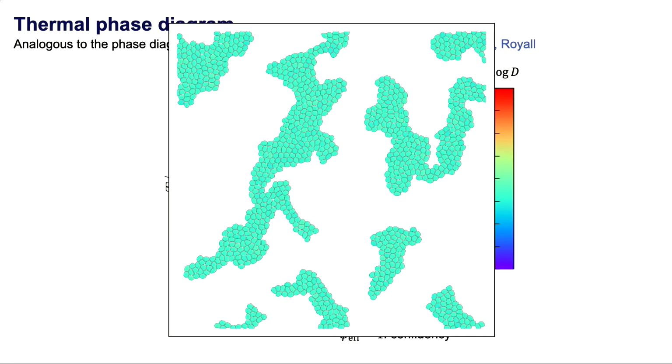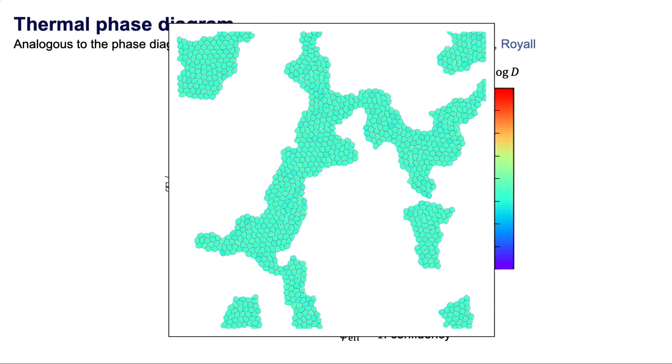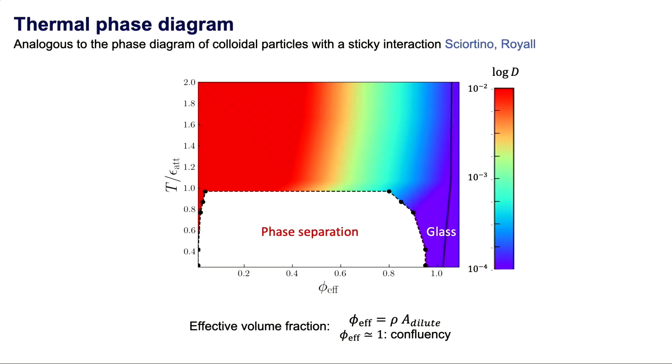This is just an illustration of what you see in the coexistence line. One thing that you notice is that you have the coexistence between a very dense phase and essentially an empty gas, which is what you see here. You have the coexistence between an essentially empty liquid and a dense one.